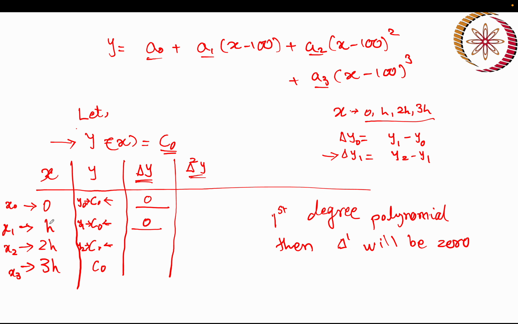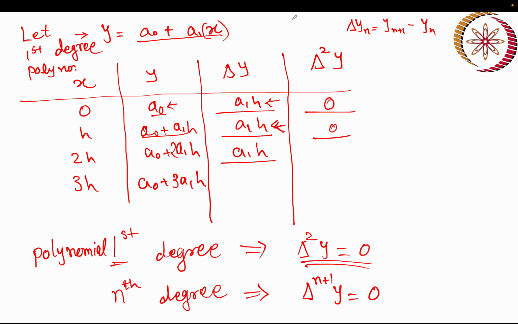In this specific case, the first difference will be 0. So for a constant polynomial, the first difference will be 0. That's what we found out here.